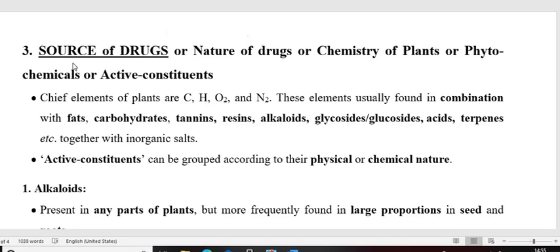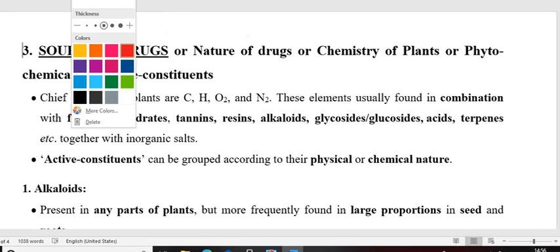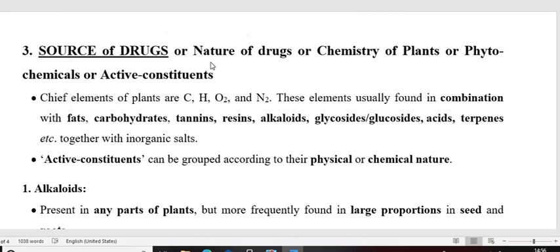So today I am going to discuss the sources of drug. These sources of drug that we are going to discuss are also called the nature of drug, and this is also called the phytochemicals.